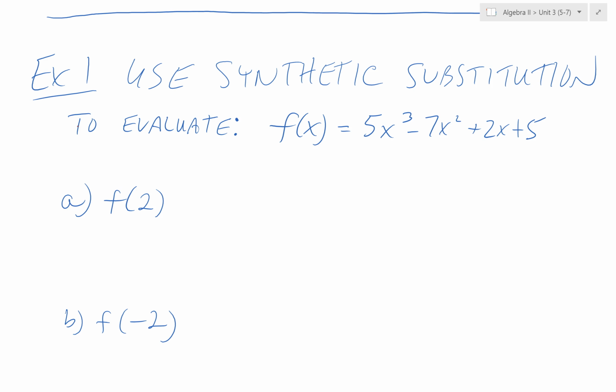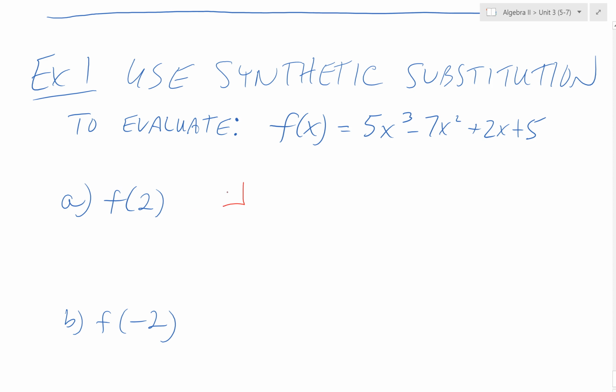Okay? Now there's two ways to evaluate this. We could just plug 2 in place of all the x's, but let's use our new method. We found out that we can also find the value of that function just by doing synthetic division. And so f of 2 is just going to be the remainder that we get when we do synthetic division.